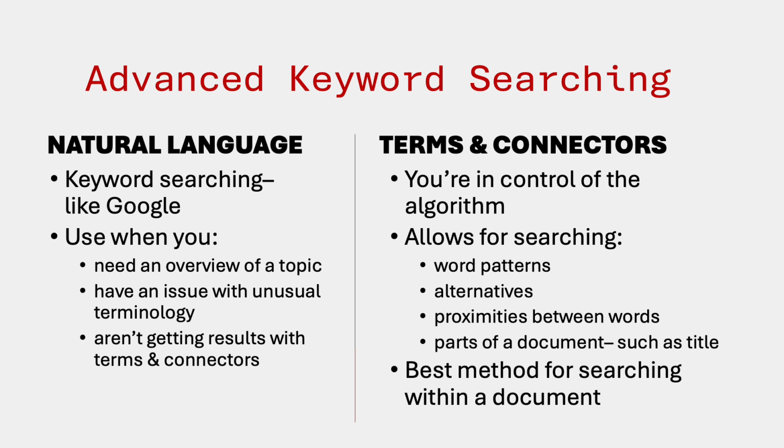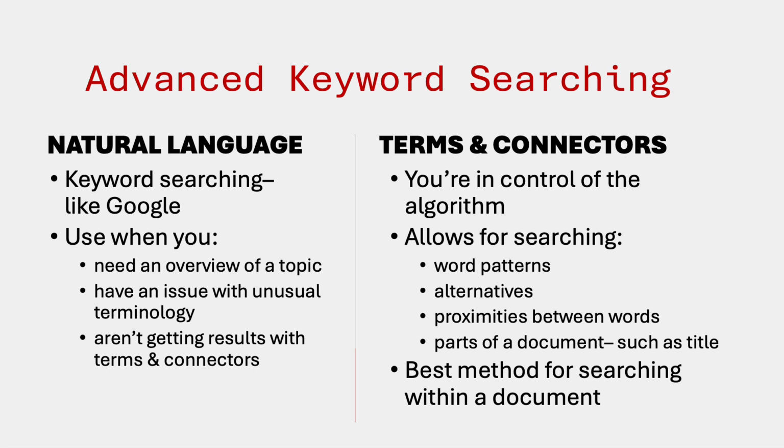So when might you use natural language? As we said, that's what you're familiar with using in Google, just throwing in a basic string of words. That's your everyday language. You're using that when you want an overview of a topic, when you don't know what the official legal terminology is, so you're using natural language to get a feel for what that legal terminology could be.